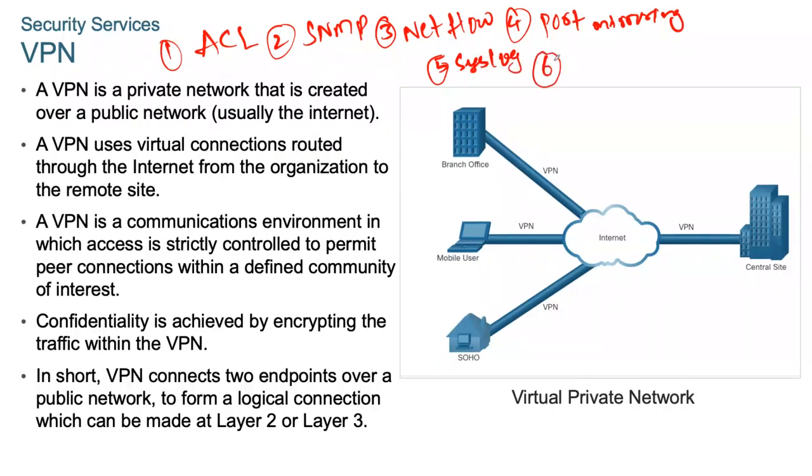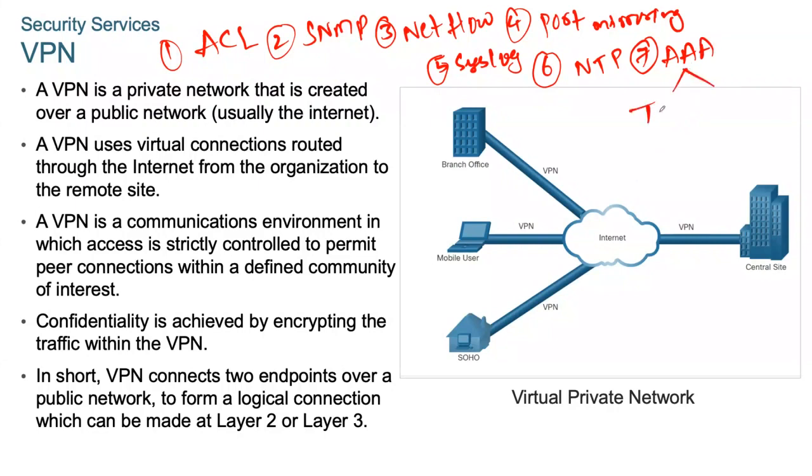And the sixth one is the synchronization of all the network infrastructure devices, that is your NTP configuration. And the seventh is the system for providing security services for end users following authentication, authorization, and accounting. There are two types.